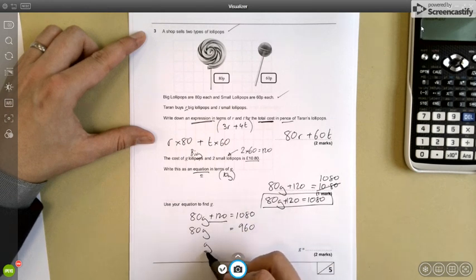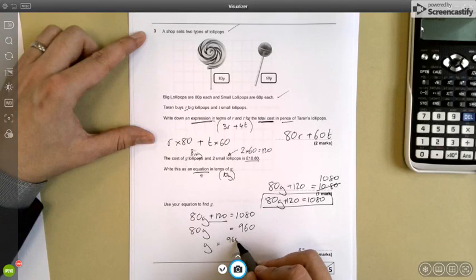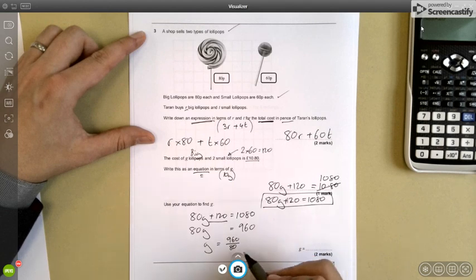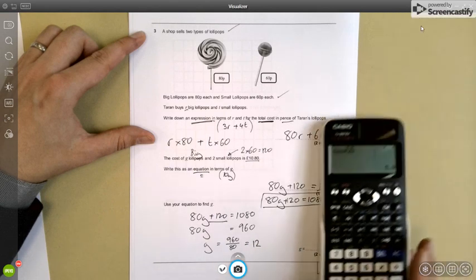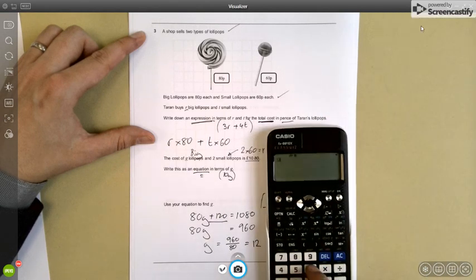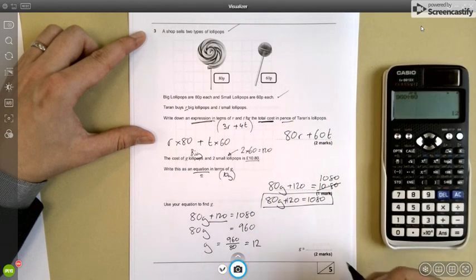And then to find G on its own, I would have to do 960 divided by 80. That's going to give me G is equal to 12. Let me check that. 960 divided by 80 is 12. So G is 12.